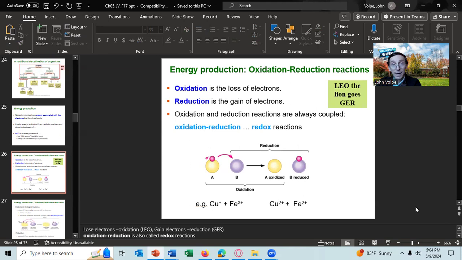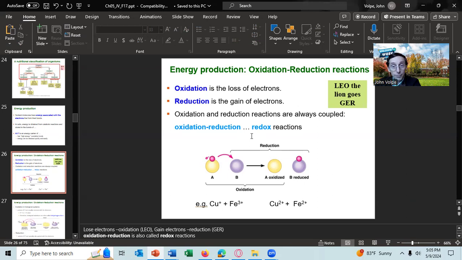Reduction is the gain of electrons. Oxidation reduction reactions are often called redox reactions. They took the RED from reduction and the OX from oxidation. I don't know why they did it backwards, but an oxidation reduction reaction is the same as a redox reaction.